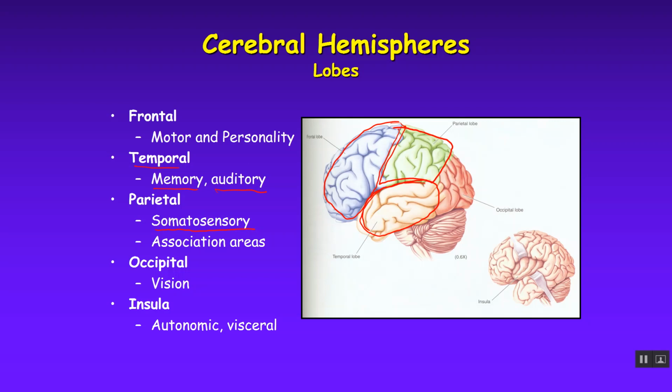Parietal, this green area right here, is primarily for somatosensory processing. So when a sensory signal comes up that you're consciously aware of, like somebody poked me here and I feel that there, it's going to that region right there in your parietal lobe, okay? Most of the rest of the parietal lobe is called association areas.